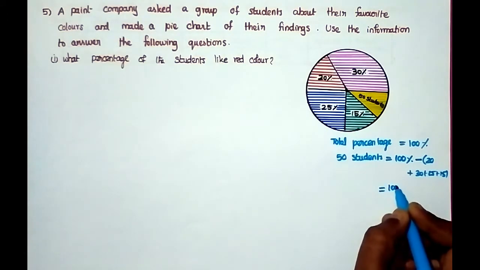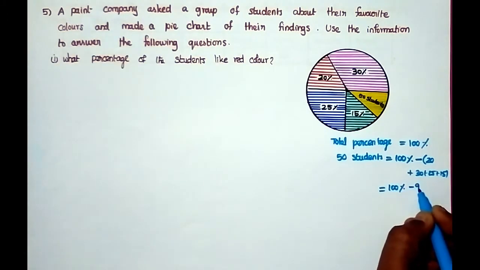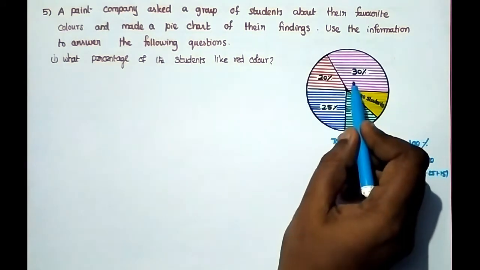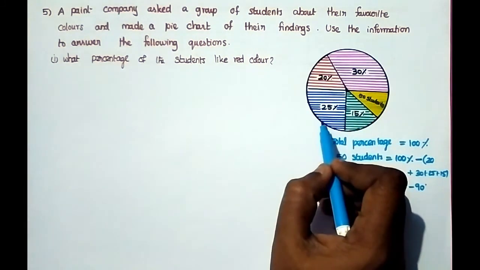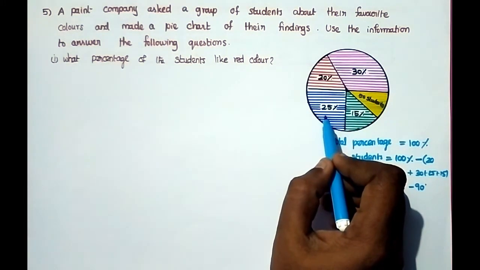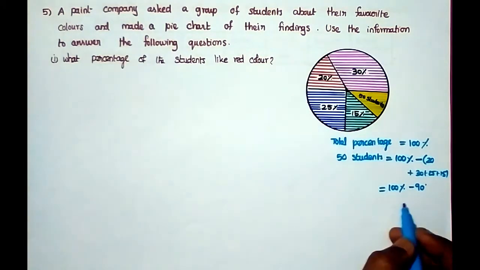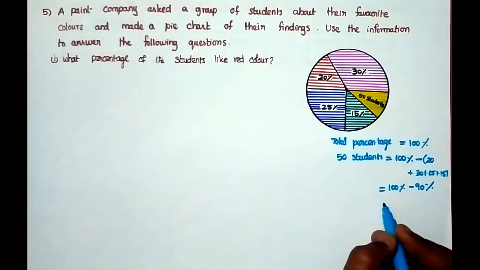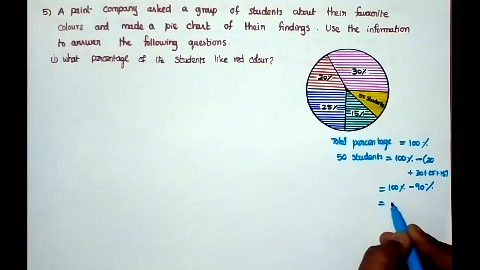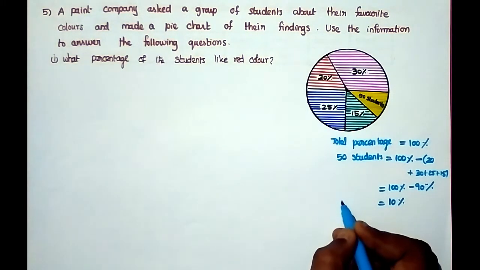So 100 percentage minus 90 percentage. 20 plus 30 is 50, 50 plus 25 is 75, plus 15 is 90. So 90 percentage. 100 minus 90, 10 percentage equal to 50 students.